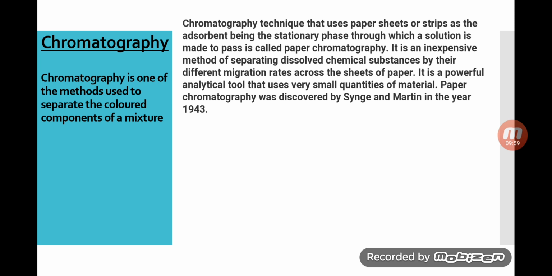Paper chromatography was discovered by Synge and Martin in the year 1943. Yes, my dear students, chromatography paper is a strip of paper that is used to find out what kind of dyes and pigments are used in a color. Suppose you have many color sketch pens like green, black, red.